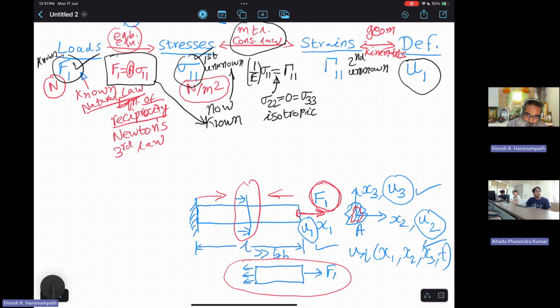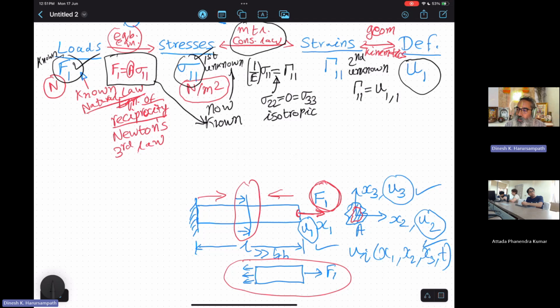So can we do the reverse of that? Can we integrate in order to get displacement? Absolutely. So your gamma 11 in a linear strain problem is just given by U1 comma 1.